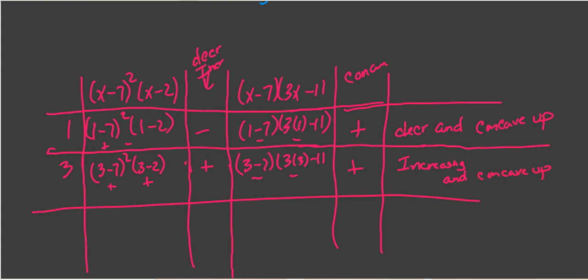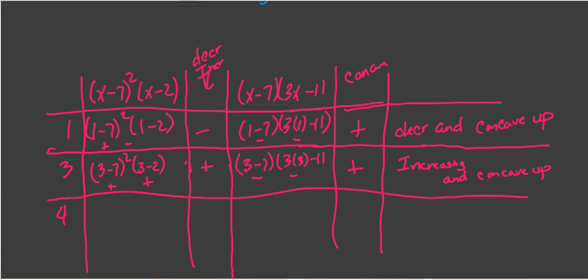All right, so the next piece, we want to try our test point of 4. This will be 4 minus 7 squared times 4 minus 2. That will give us a positive times a positive, which is a positive.